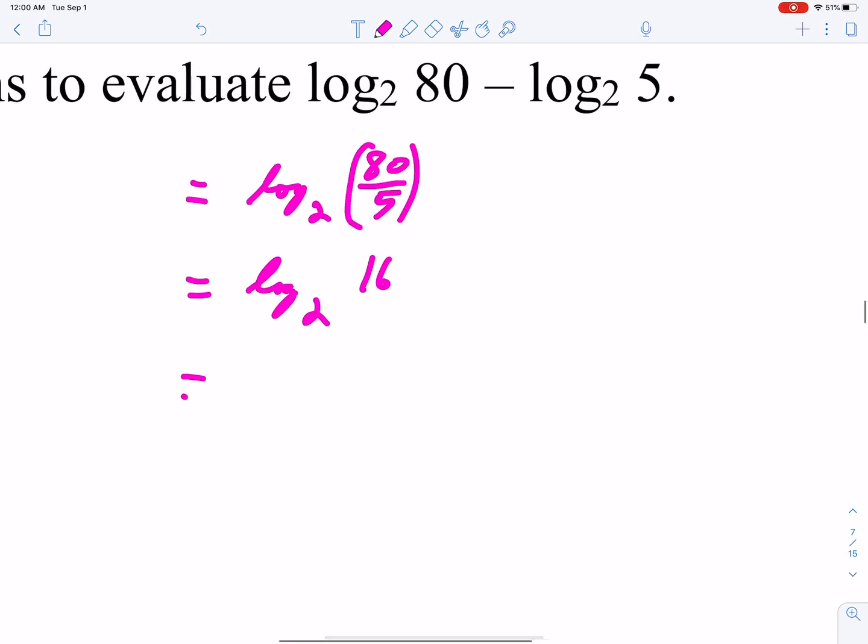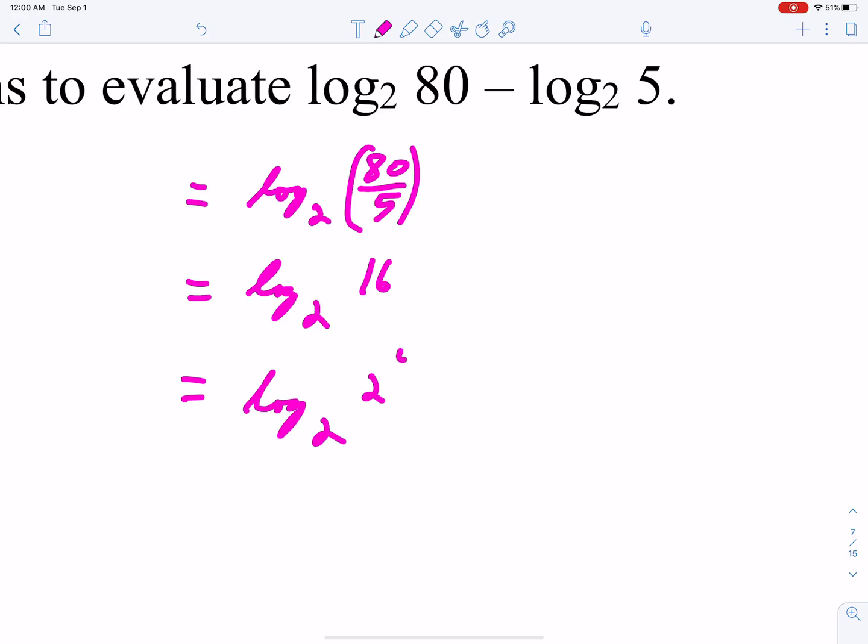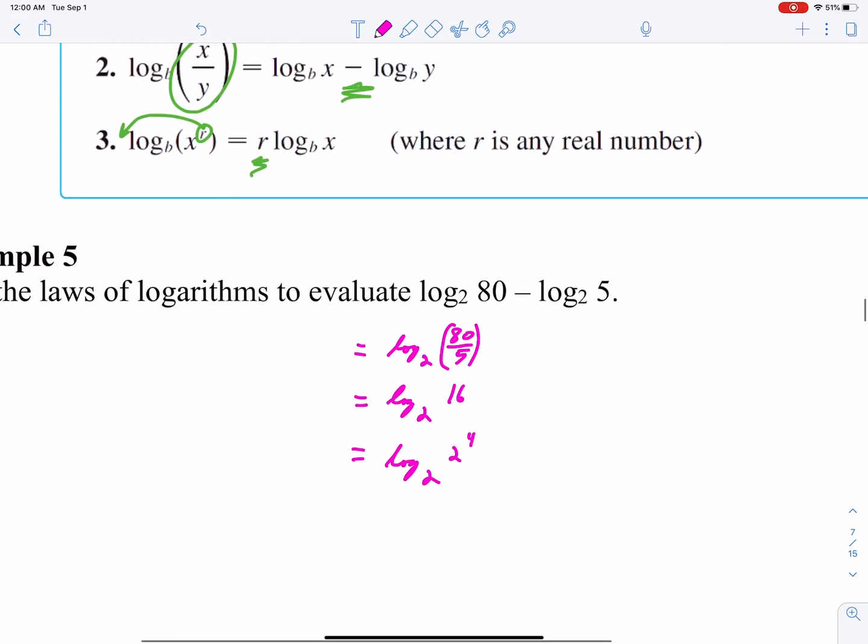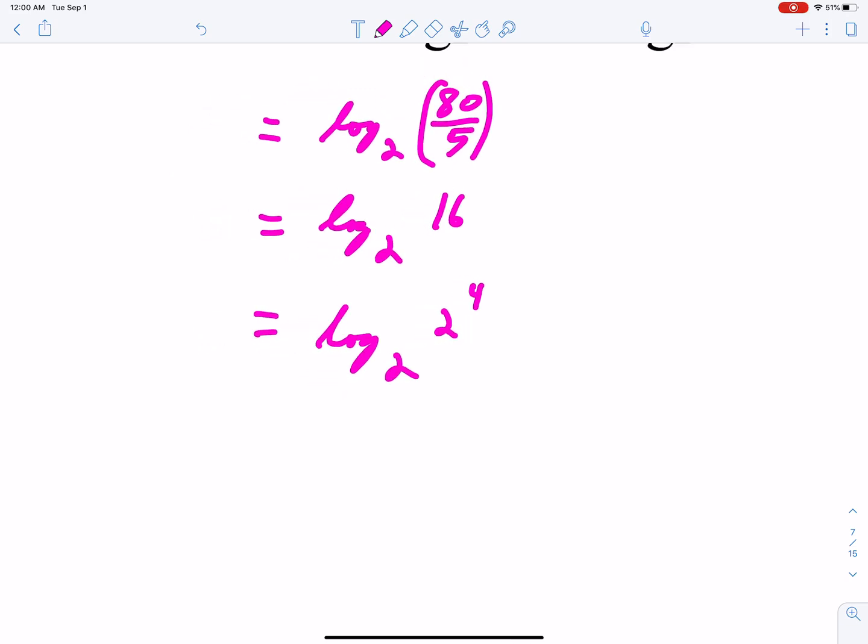So what we can do, log base 2, we can rewrite 16. 16 can be rewritten as 2 to the 4th power, right? Now that allows us to use that rule with the exponent. It allows us to take this 4 and bring it to the front. So then we get 4 times log base 2 of 2, and we talked about this.